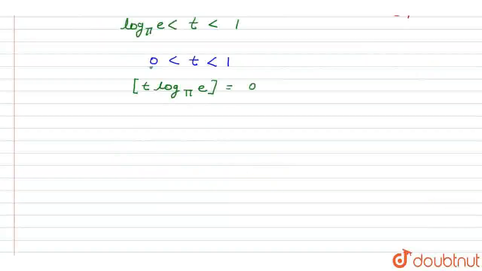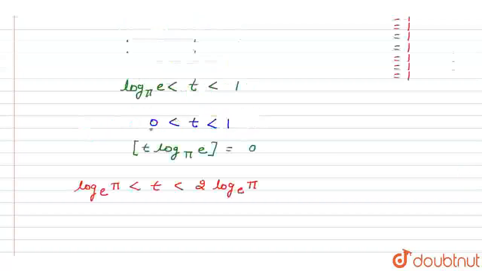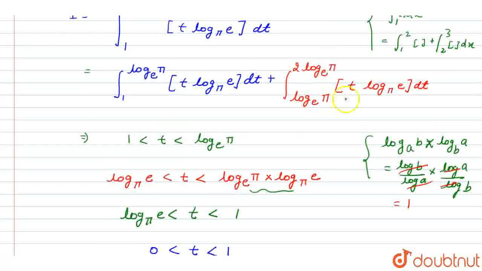Now in the second part we have to solve the second function also. In the second function we have log base e of pi, greater than t, to 2 log base e of pi, because here we know that we have this value t times log base pi of e.